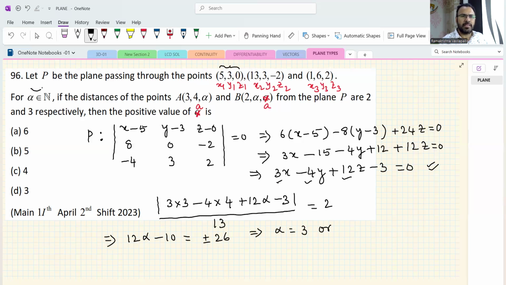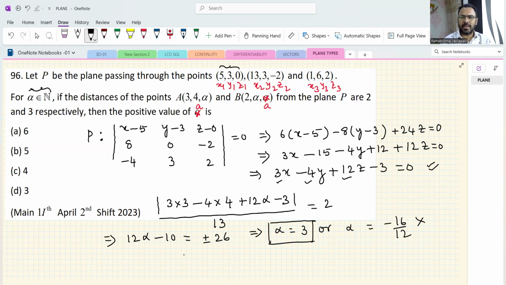But here you see it is given that alpha is a natural number. Alpha is a natural number. The other one you will get is alpha equal to minus 16 by 12. Anyway, we do not consider it. So we got that alpha is equal to 3.